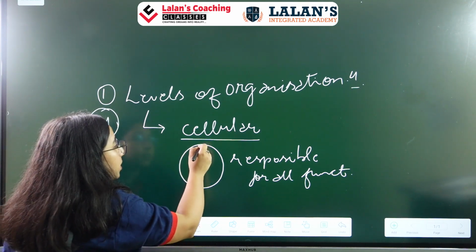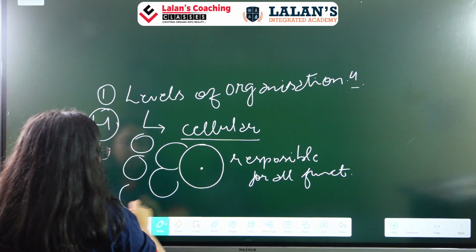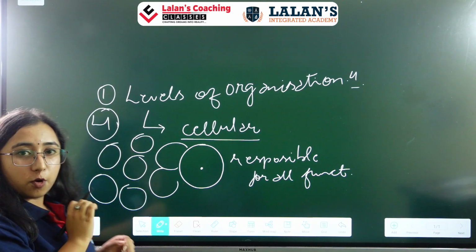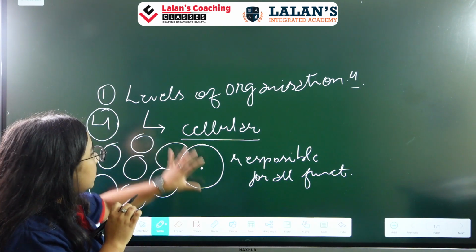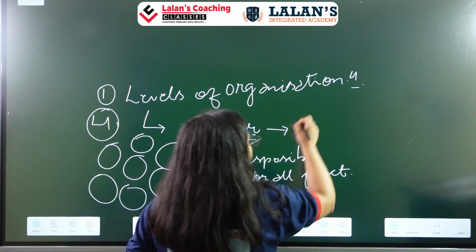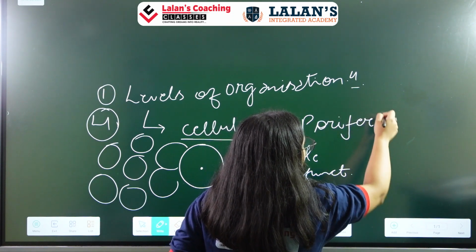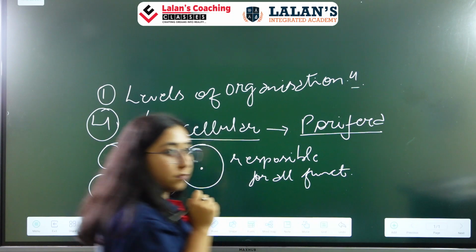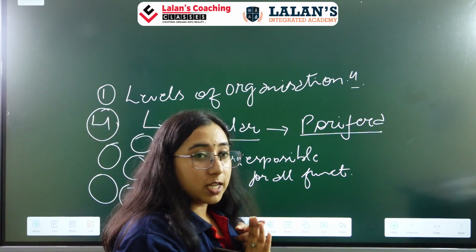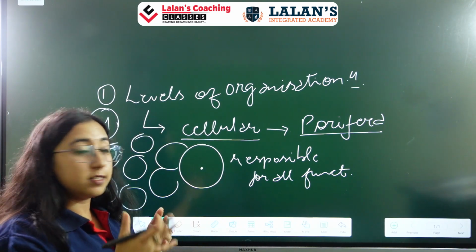But one particular cell, or let's say more than one cell, perform all the functions together, but they are not forming tissues. That is what is seen in the group Porifera, where cells perform all the functions. So digestion is intracellular, respiration is intracellular, excretion is intracellular, where intracellular means within the cell.